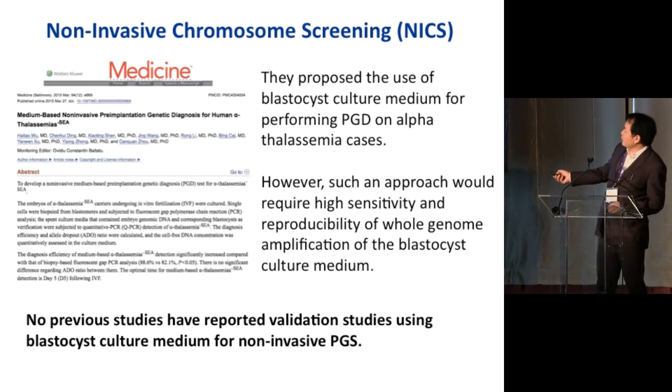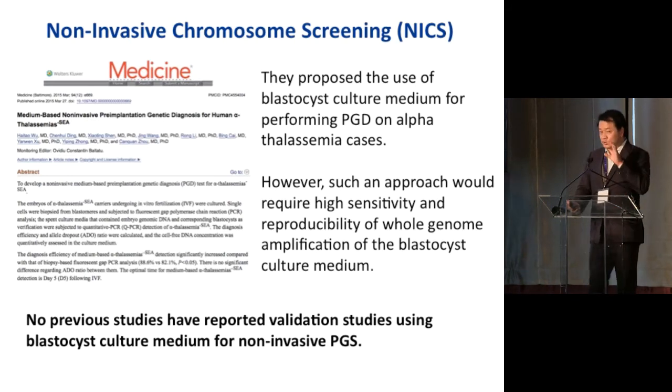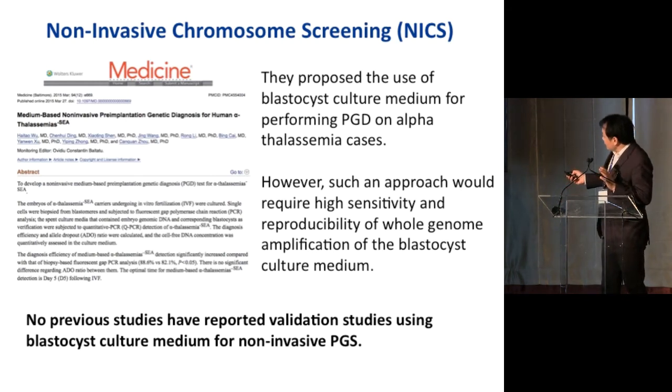Now, this particular one from China was actually the closest to our work. They were able to use PCR to detect the genes. So basically, during the embryo development in the first few days, apoptosis occurs. Some cells basically have some DNA leaked out to the spent culture media.